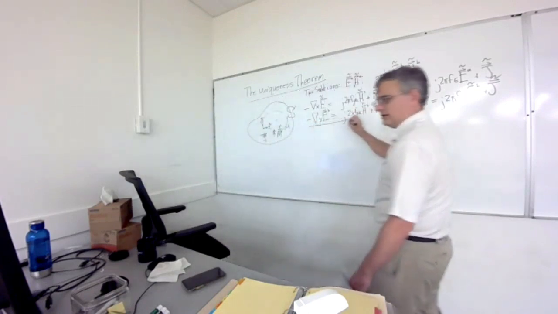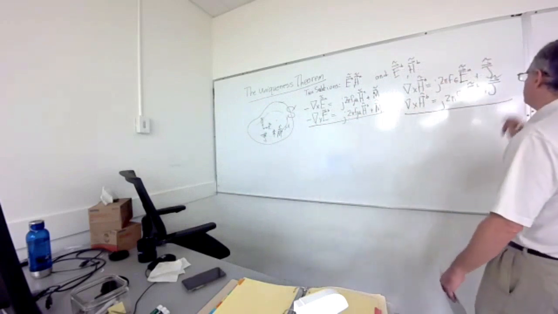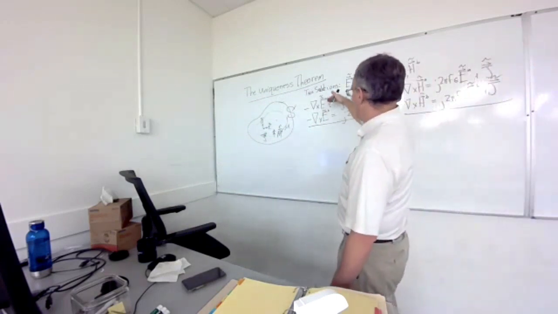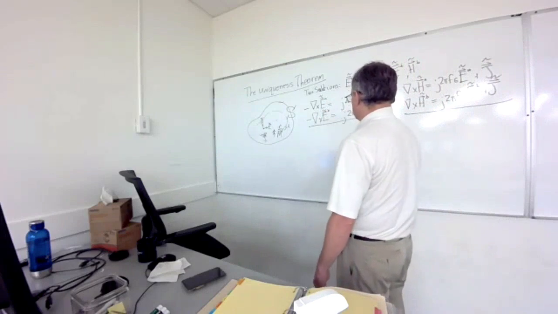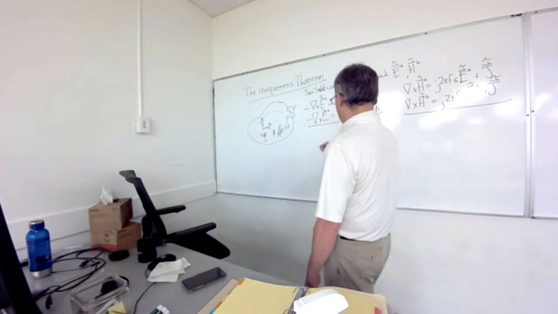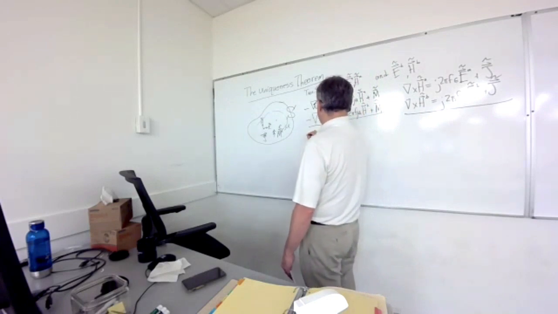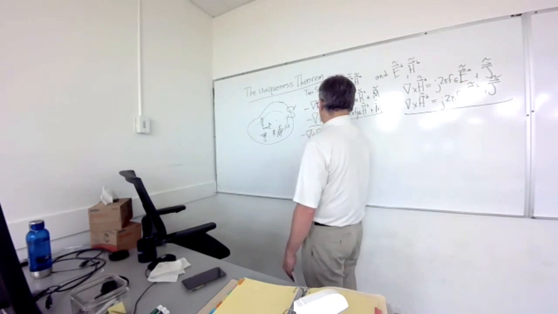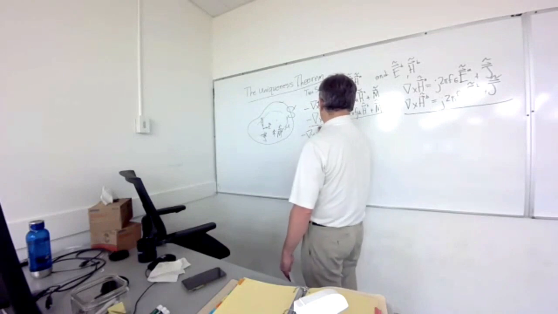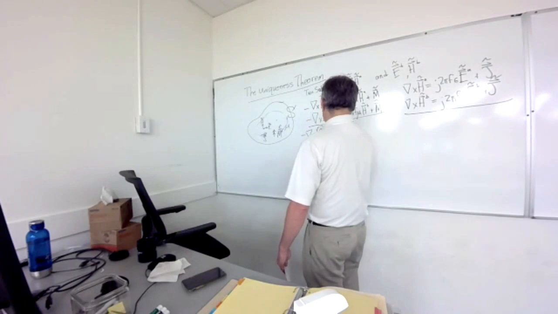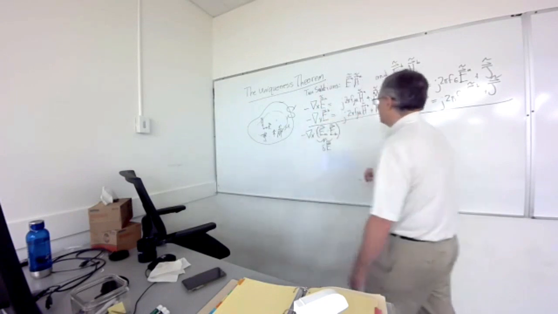Okay. Let's subtract these out. That's our next step. This is a linear operator, so if I subtract this one from this one, I'm going to have minus the curl of EA minus EB, which I'm going to call delta E, the difference between the two solutions.